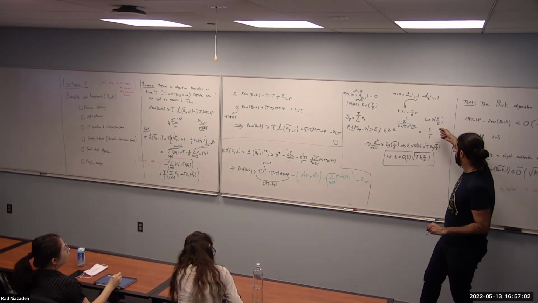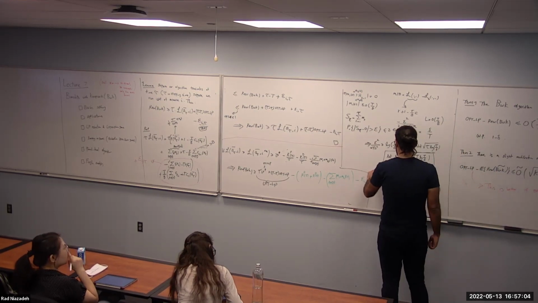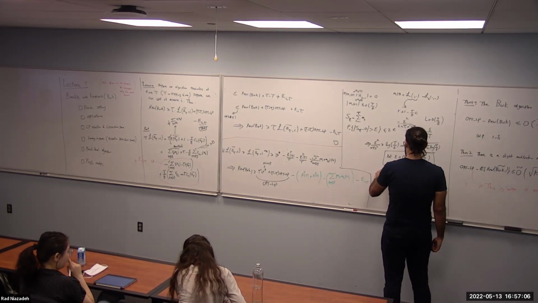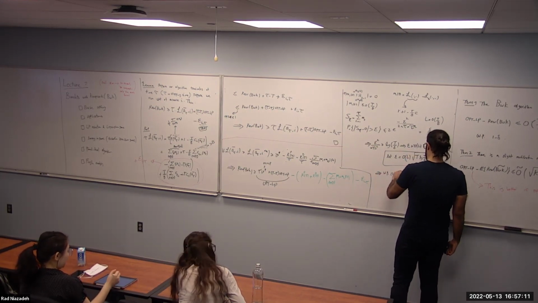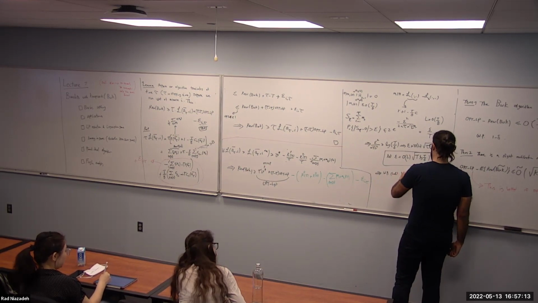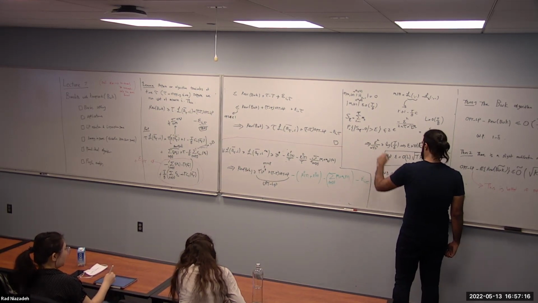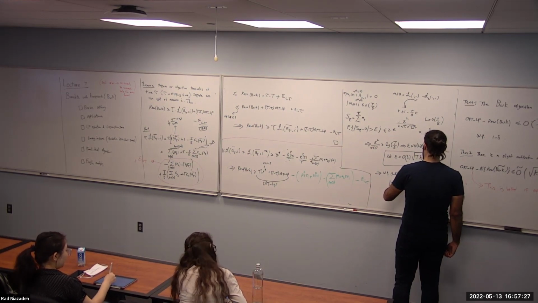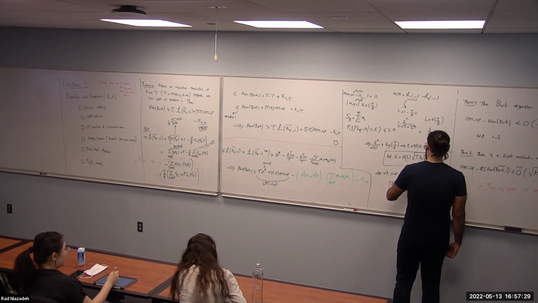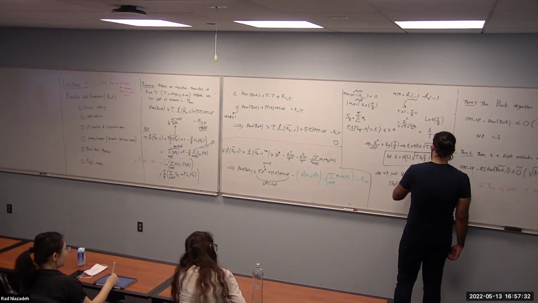And therefore, if you do a union bound, with probability at least 1 minus delta, for every tau in T, the absolute value of S of tau is smaller than order L square root T log T over delta.